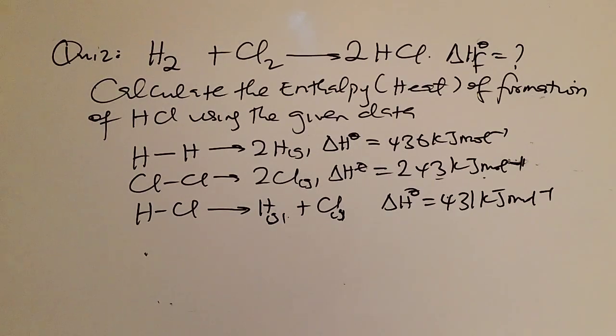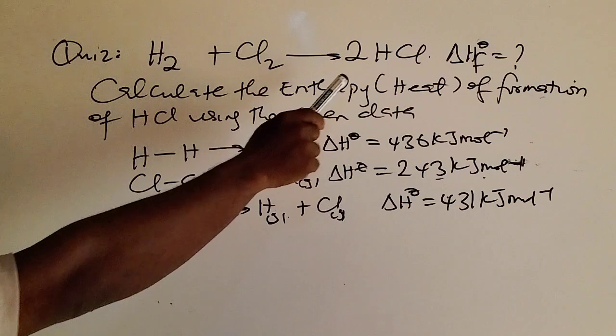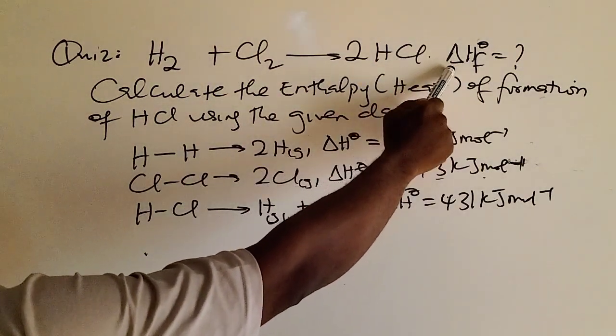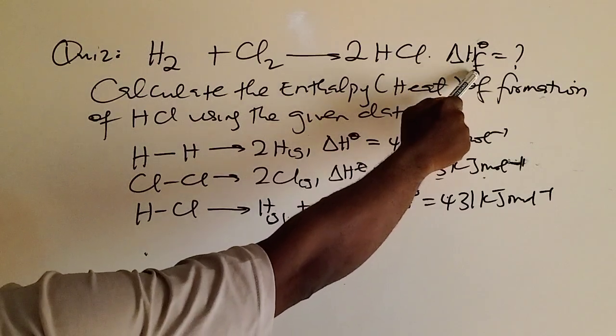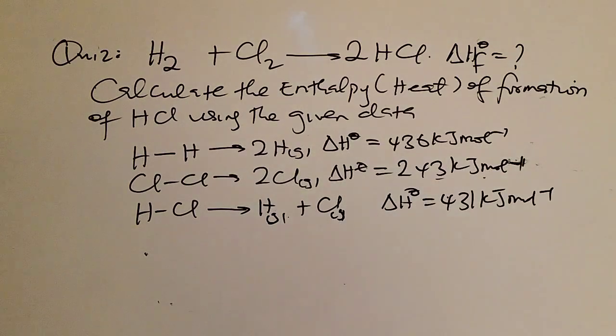Now let's look at the equation on the whiteboard. We have an equation there between hydrogen molecule and chlorine giving us two molecules of HCl. We have delta H_f; delta H means enthalpy and f means formation. On top you have theta, which means standard enthalpy of formation. The question mark on it means we're looking for the enthalpy of formation.